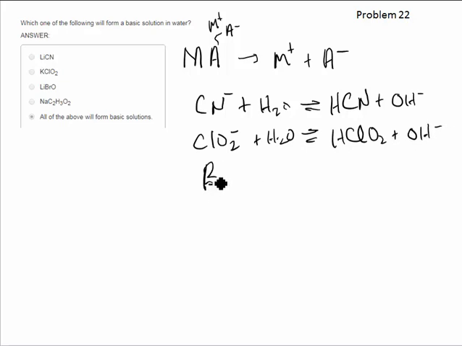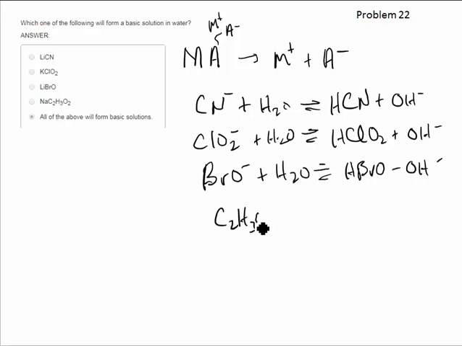Now, it's the BrO minus plus H2O, and that's the salt of HBrO plus OH minus. So yeah, every one of them. And this last one, C2H3O2, that's an organic one. So that's going to do the same and make acetic acid, HC2H3O2 plus OH minus. So yeah, all of them will form basic solutions.